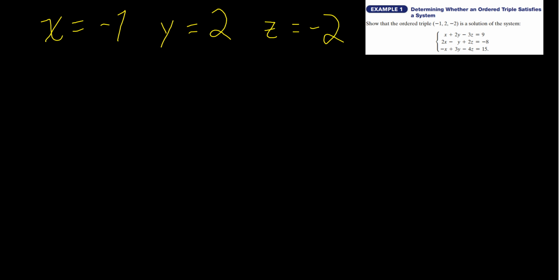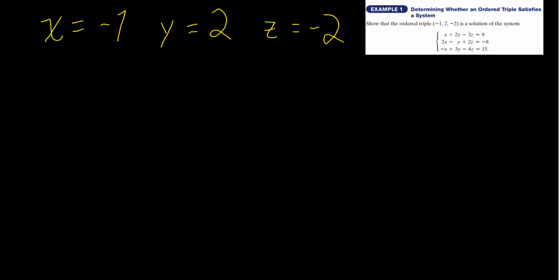All I did was rewrite this ordered triple. Now I'm going to plug these values, -1, 2, and -2, into my equation, all three of them, and make sure that those 3 values do indeed satisfy that equation.